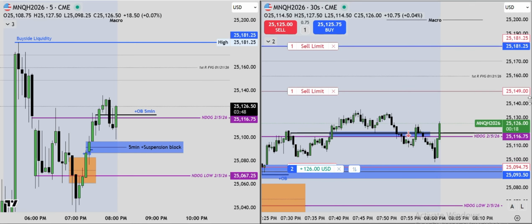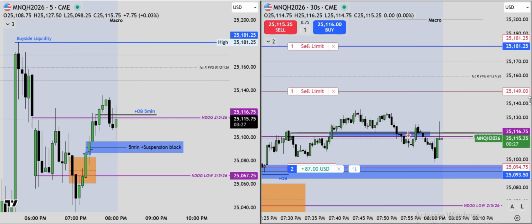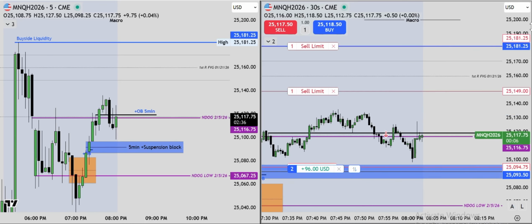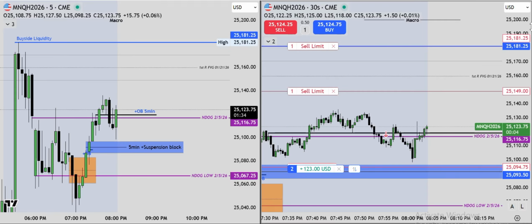And there, that's actually a nice signature. We reach down below the mean threshold of that order block, and we fail to reach the 5-minute suspension block, which is really nice. And then we start aggressively moving up. Back above the 5-minute order block, and a new day opening gap high.